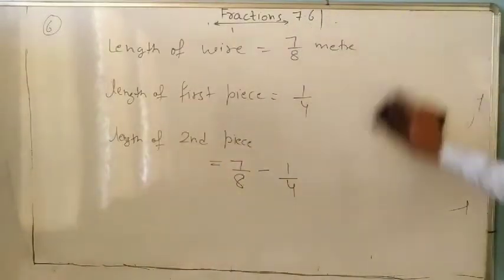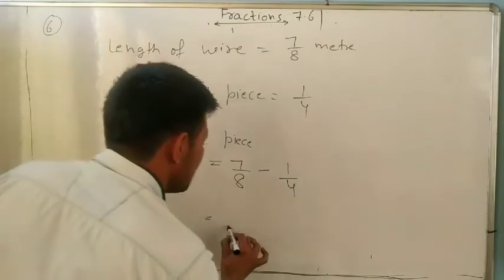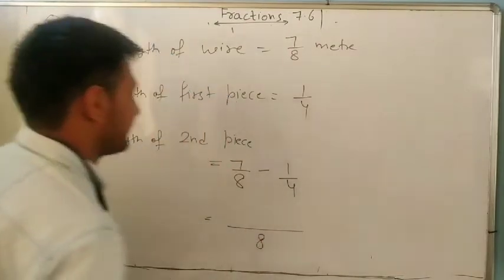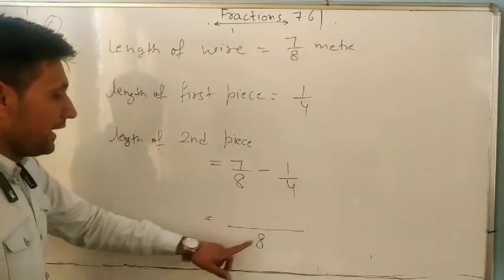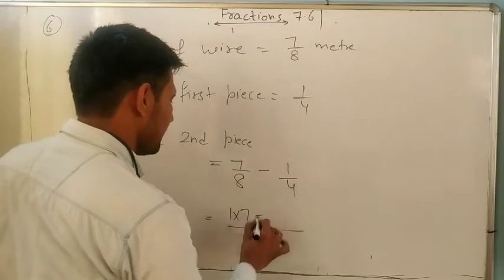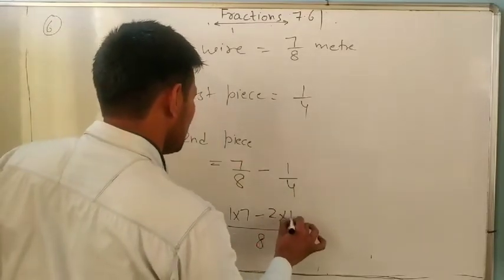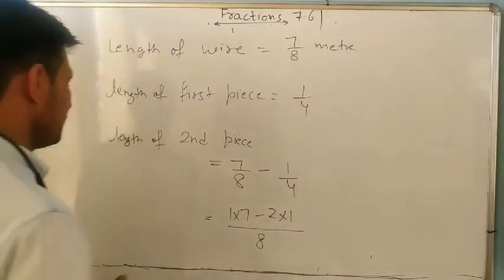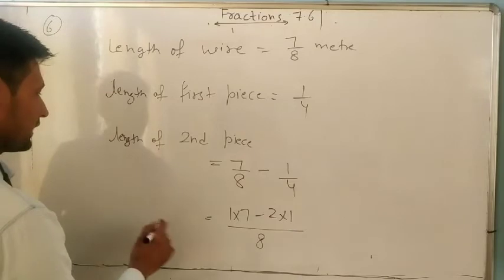So now how will we solve it? First we always take the LCM. What is the LCM of 8 and 4? It is 8. 8 divided by 8, what do we get? 1, so 1 into 7. Minus, 8 divided by 4 is 2, into 1.